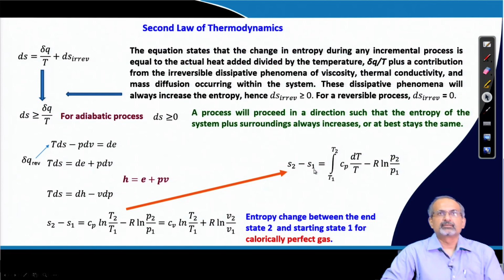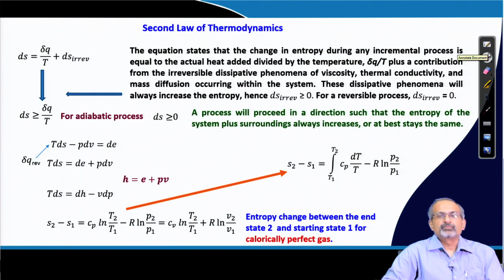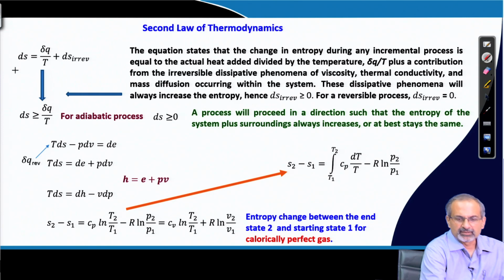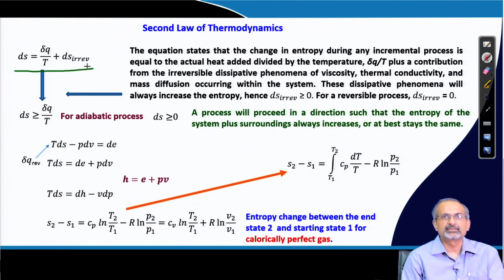Let us look at second law of thermodynamics briefly. So, the equation that we have over here is expressing the change in entropy, which is also an exact differential, and therefore, it is a state variable.